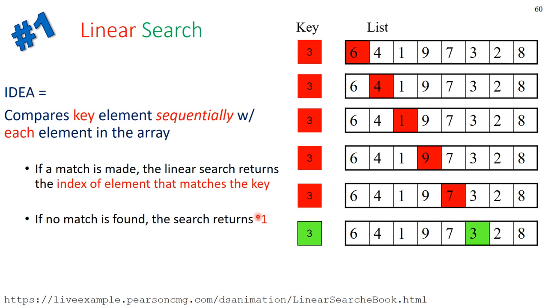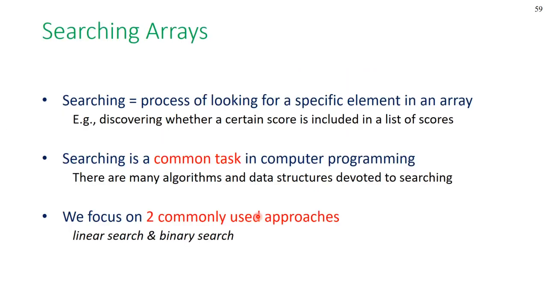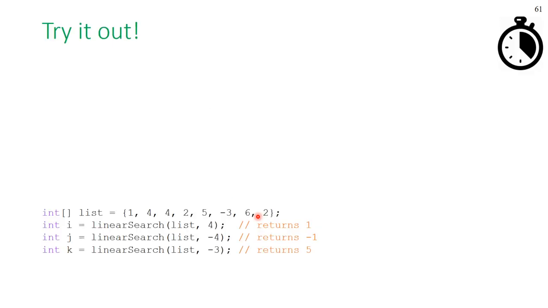I would put them in the main method of the program, and then I would write another method called linear search that's going to take an array and a key and return an index. So you separate your job into two methods. Does that make sense?